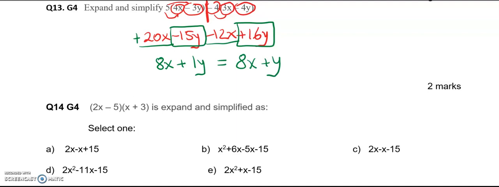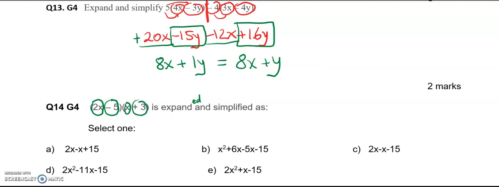Then we have 2x minus 5 multiplied by x plus 3 is expanded and simplified as which one of these? I can use different ways of working this out. I can split this into terms.